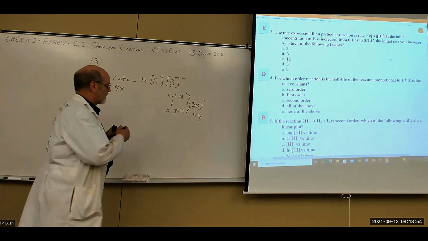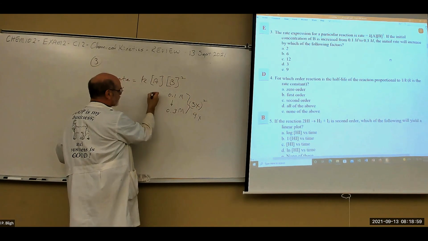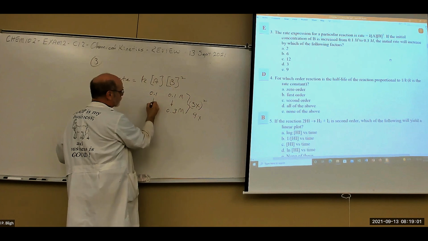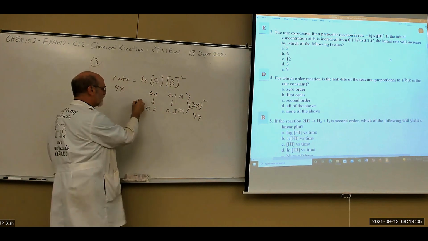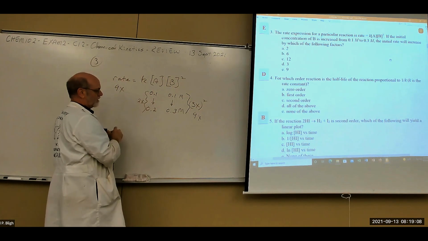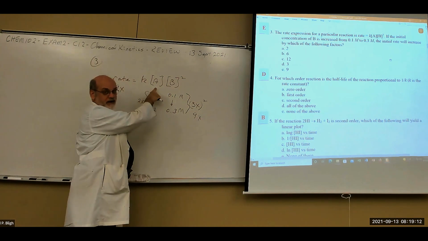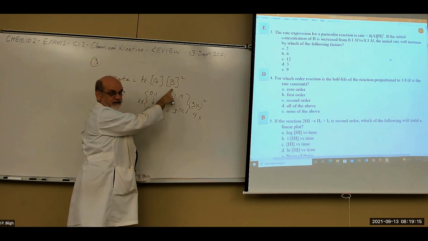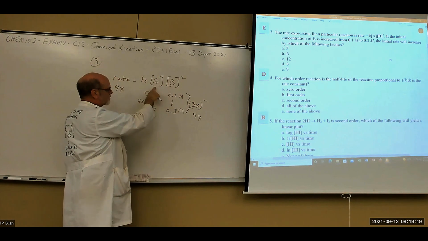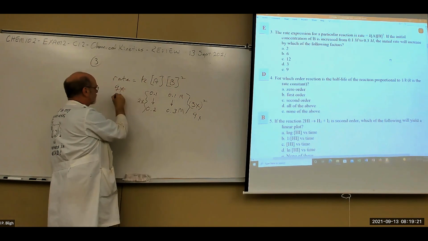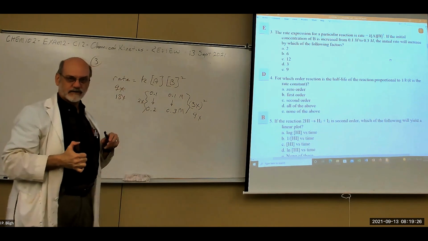Well, if we make both changes, we take this one 3 times change, and this one 2 times, right? So what is this? 2 to the first power, 3 to the second power. So that's 9 times 2 is 18, right? So the rate ought to increase 18 times.